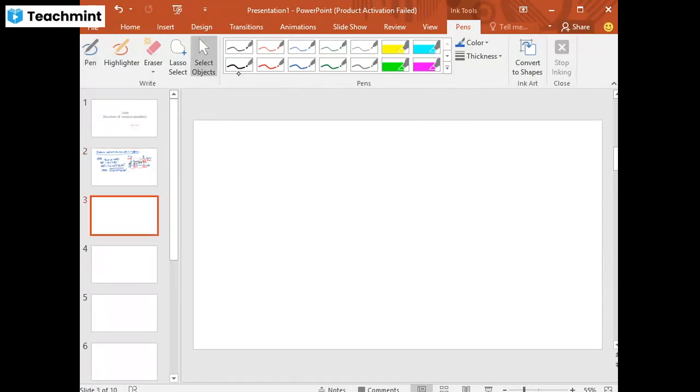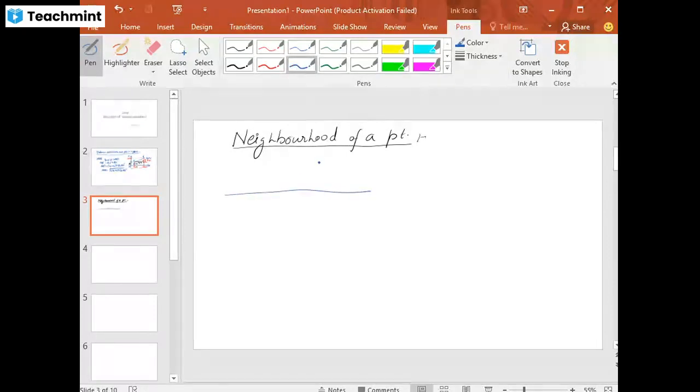Now the second concept which we need for this topic is the neighborhood of a point. To understand the concept, let us suppose we are considering a real line, say the x-axis.